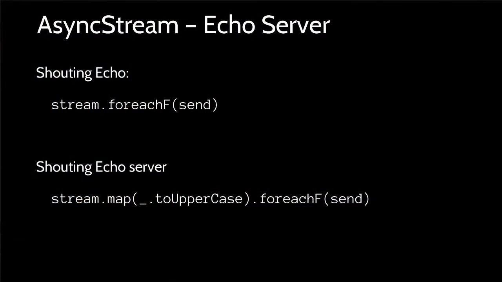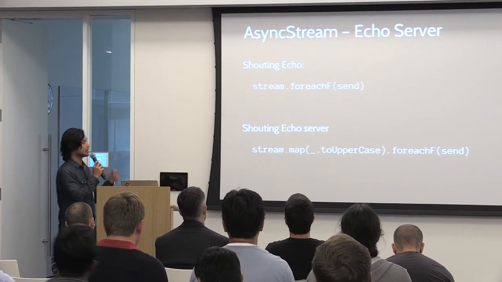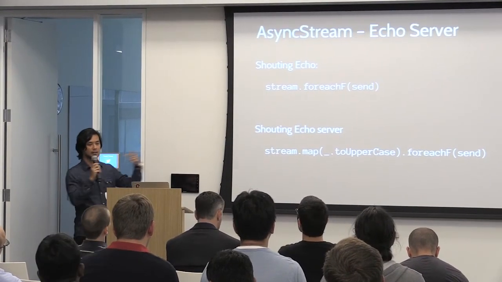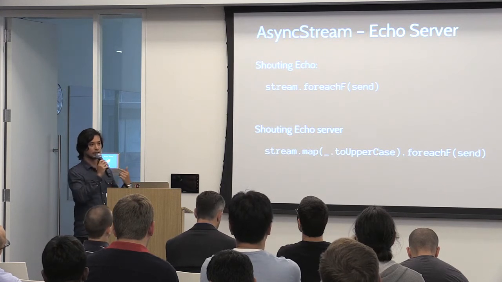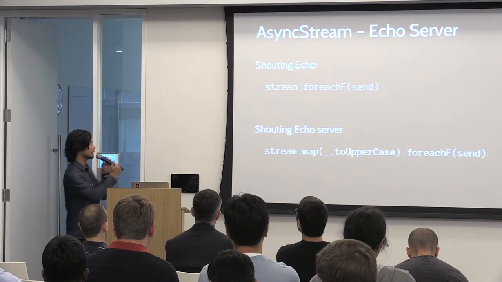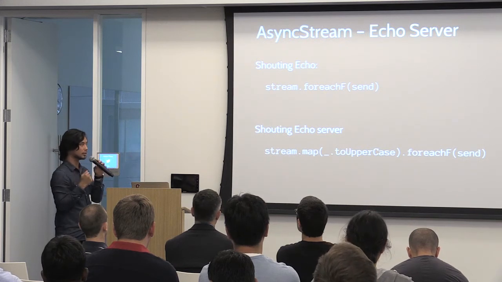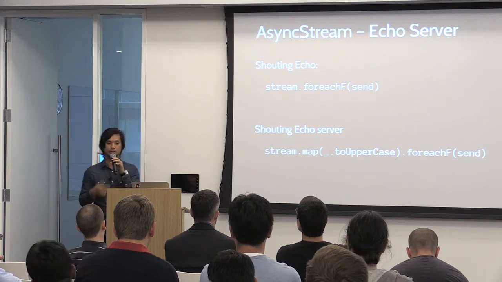And with that, you can imagine creating an echo server of sorts, where the basic component of it is that you take this one stream of messages that you've received, and then you just write them out again to some send API. And you can do that just with a foreachF, which is a foreach that's specialized to a future operation.